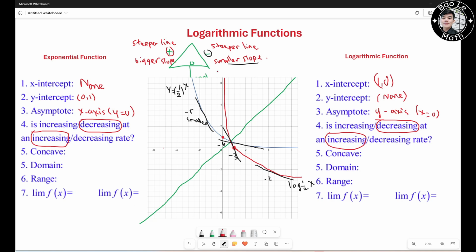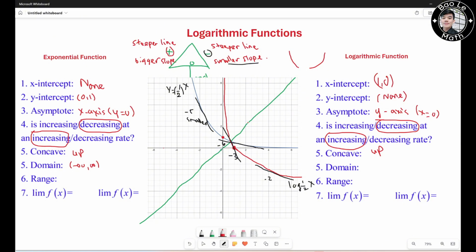All right, look at the exponential function right here. We see that the function is concave up because it has this shape. So this is concave up. And the logarithmic function is also concave up. Now the domain. This guy keeps going further to the left, this guy keeps going further to the right. So the domain right here should be -infinity to +infinity.